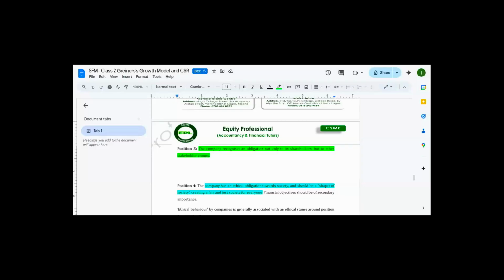So ethical stance tells us what companies are expected to do to comply with laid down rules and regulations and have industrial harmony with the shareholders, stakeholders, the community where they are doing business, and the entire public.